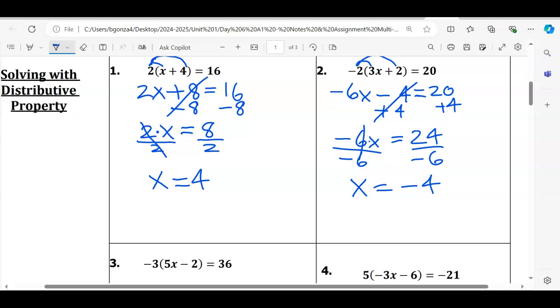Okay? I want you to try numbers 3 and 4. I'm going to give you a couple minutes. You try it, and then we'll go over it. Everyone's trying 3 and 4 on your own.